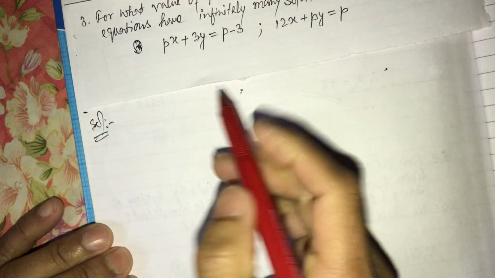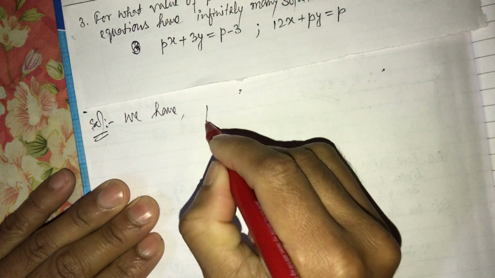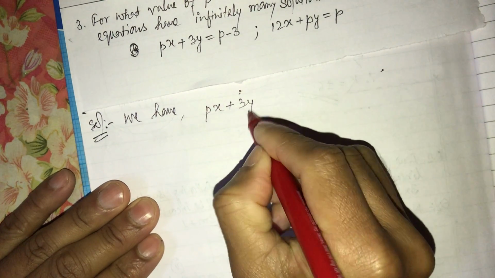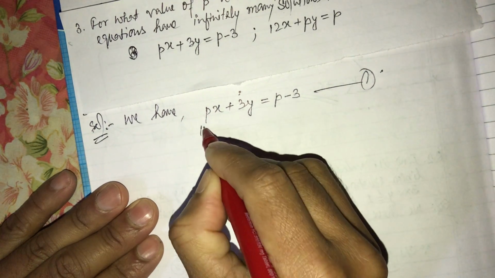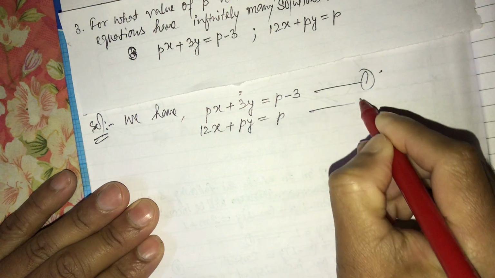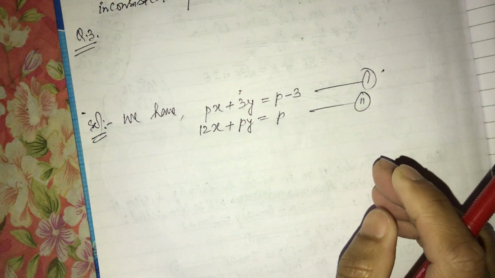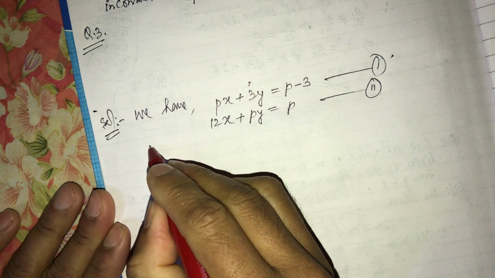Let's see. The equations we have are px plus 3y equal to p minus 3, equation 1, and 12x plus py equal to p, equation 2. Now let's go for finding the value of p.